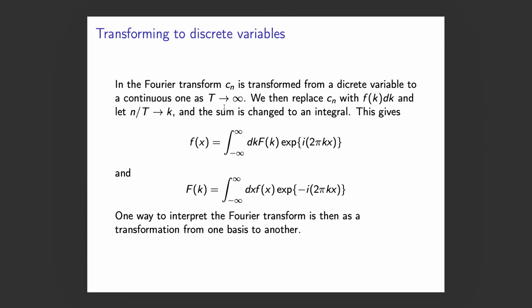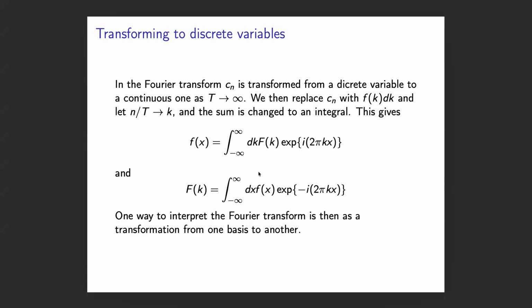So if you do the Fourier transform, C of n is transformed from a discrete variable to a continuous one as this T goes to infinity. That means that you replace this C of n with f of k dk, and you let n over T, the period, go over to k, and then the sum is changed to an integral.